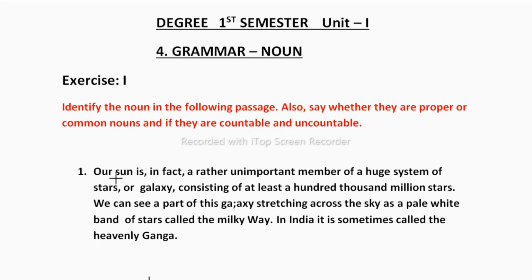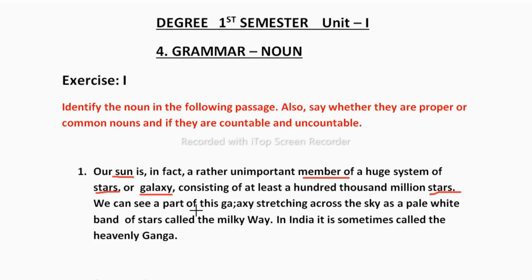Our sun, this is the first noun. Our sun is in fact a rather unimportant member, which is also a noun, of a huge system of stars. Again, a star is a noun. Or galaxy, this is also a noun, consisting of at least 100,000 million stars. Again, this star is a noun.